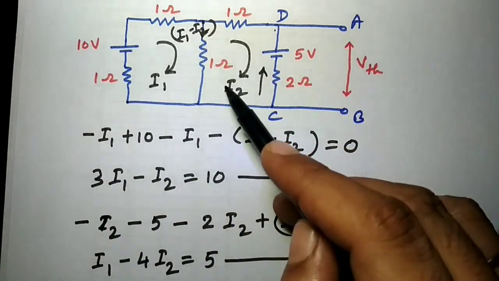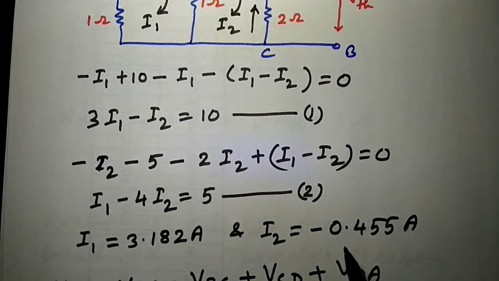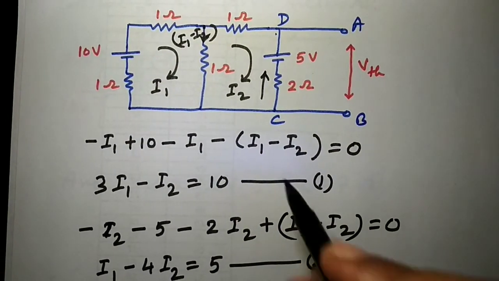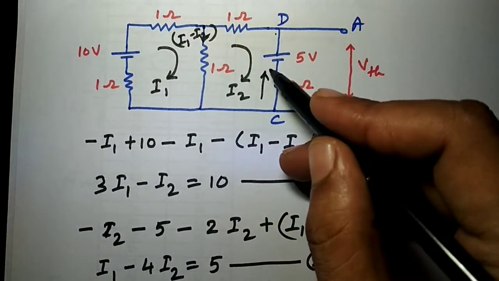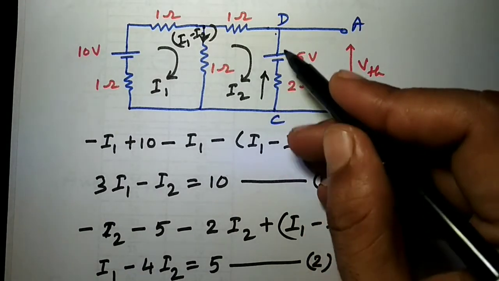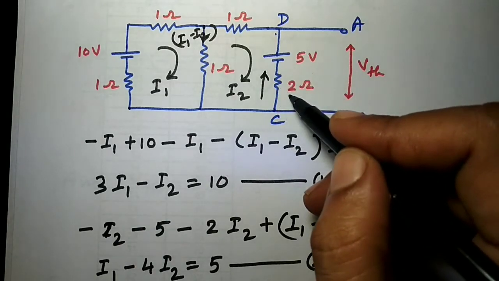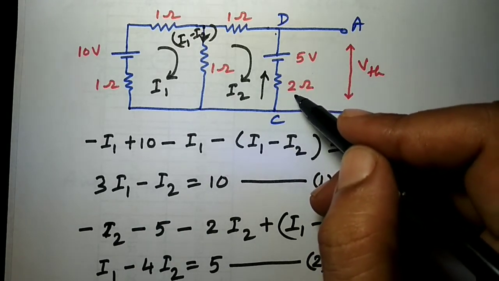Initially we have taken it as clockwise, the value becomes negative, so we consider the actual direction, that is anti-clockwise. So through the 2 ohm resistance it will be upward. So from C to D means we are going in the direction of the current I2. So the voltage drop in the 2 ohm resistance will be a loss in potential.